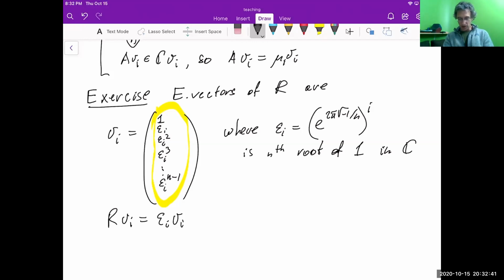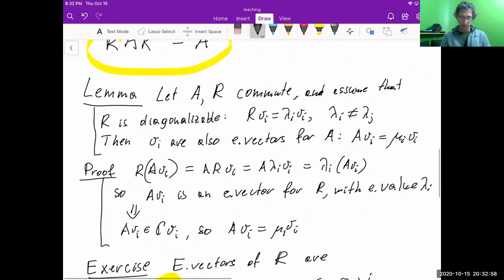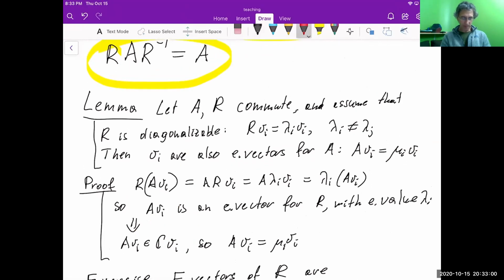And notice that in fact all eigenvalues are different, namely all eigenvalues are exactly the n roots of unity. We know that there are exactly n of them, they are all distinct. So each eigenvalue has multiplicity 1. So we are exactly in a situation where we can apply this lemma.